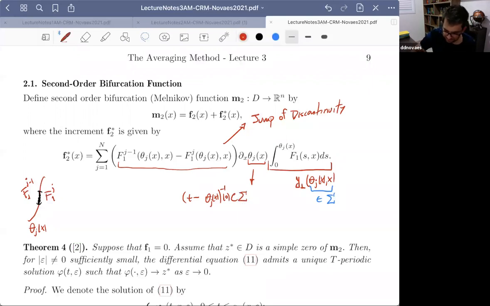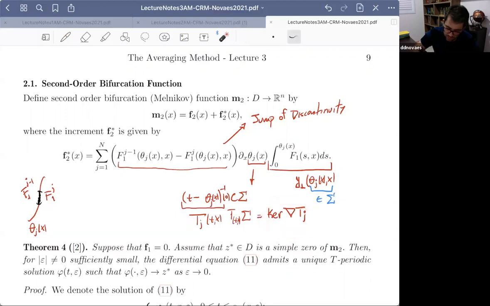Okay, then this derivative is in some way defining the tangent space of the discontinuity manifold, because if we call this function, I don't know, a t j of t x, then the tangent space of the discontinuity manifold is just the kernel of the gradient of t j.